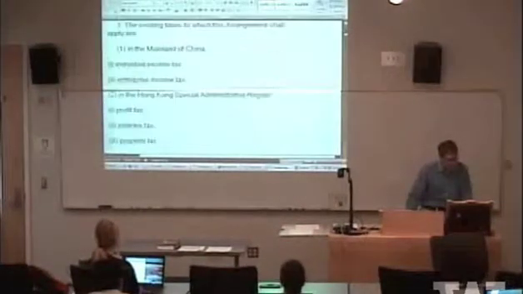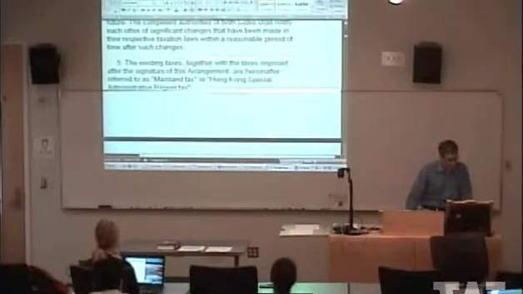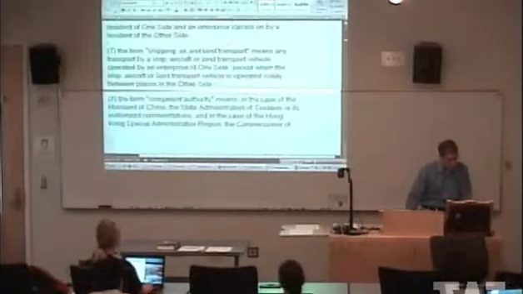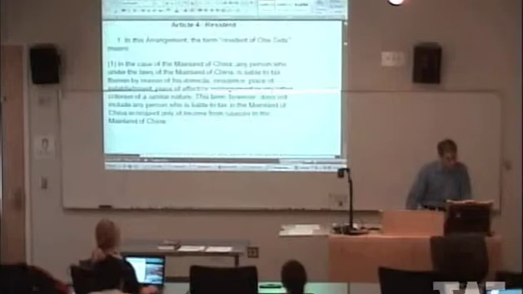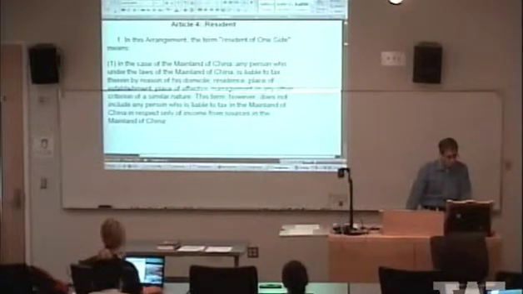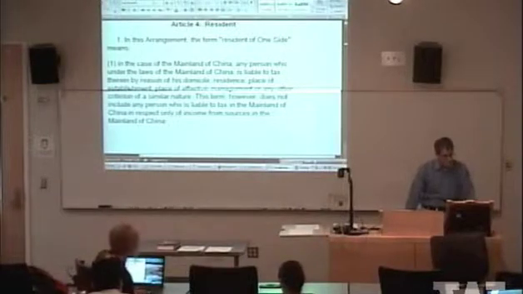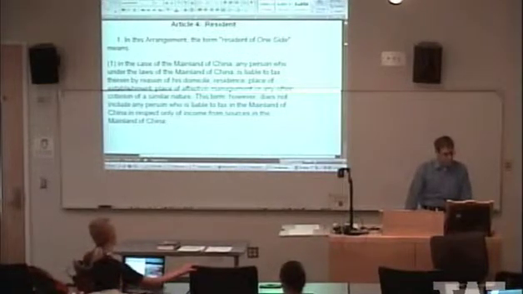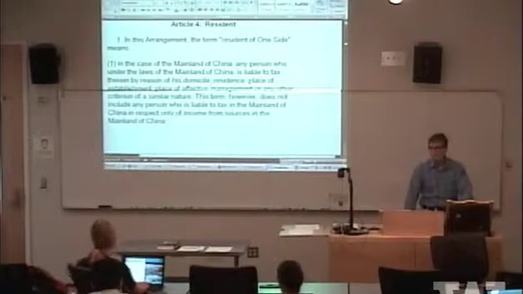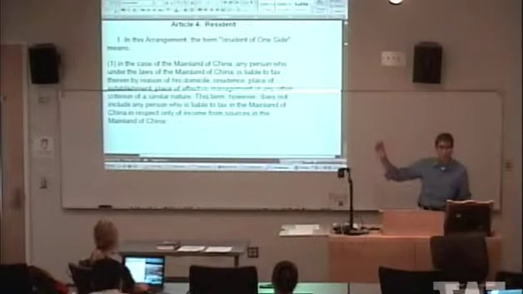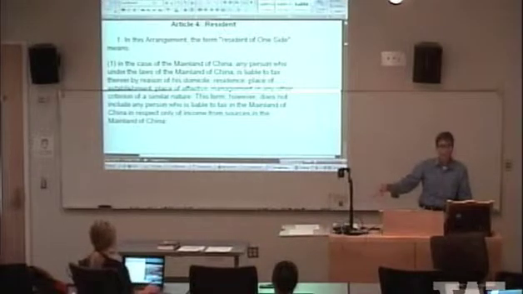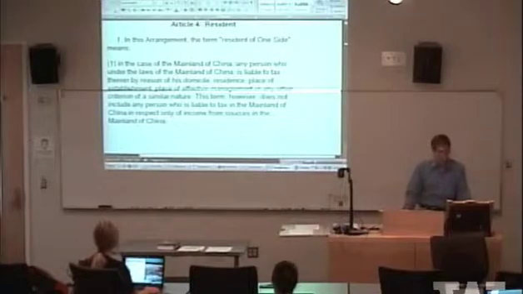Now, as I say, this looks like any other treaty. So we know that Article 4 is the definition of resident. And notice they start out, resident in the case of mainland China means, but that's not important to us because in our example we're only concerned about whether it's resident in Hong Kong.